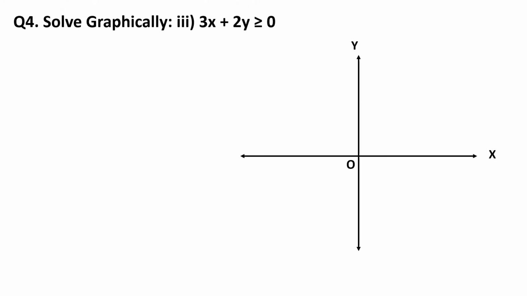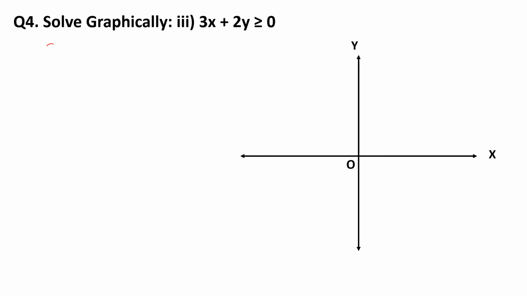Problem number 3 from question number 4. It is 3x plus 2y greater than or equal to 0. Now I have to solve this graphically. I should find out for it two points of coordinates on the line.